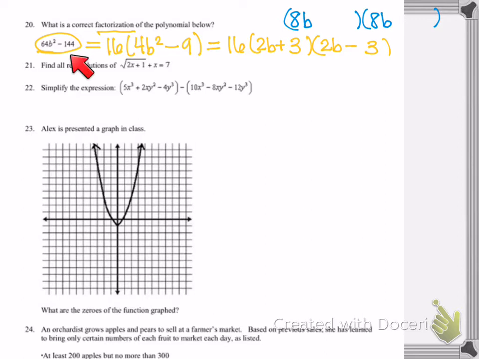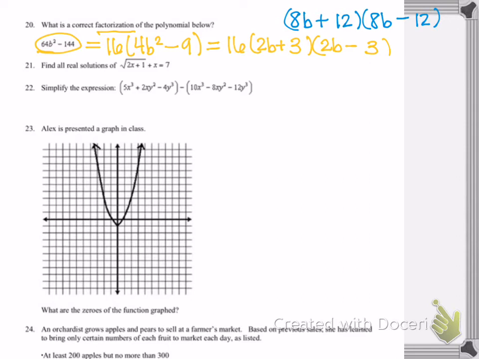And 144 is also a perfect square. I could write that as a 12 and a 12. Put a plus and a minus, and you'd have a correct factorization there also. But notice how both of these have common factors. So there's different ways to factor them, but this is the factored completely way.